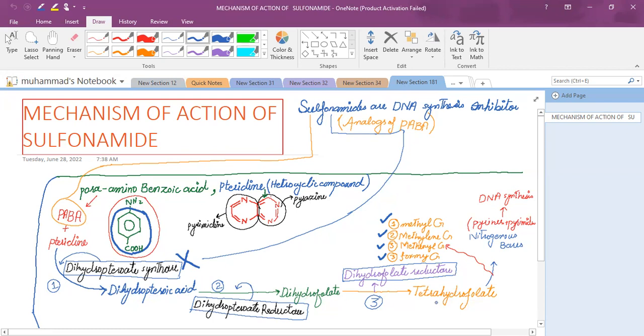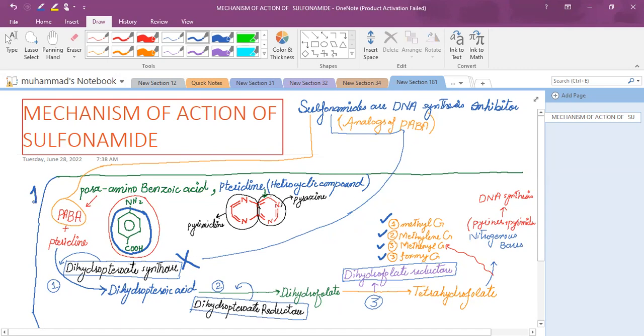Ultimately, pseudo or not true tetrahydrofolate will be formed, and it will not be able to provide all these four groups because it is not true in nature. And in this way, true purines and pyrimidines will not be formed, and a true DNA will not be formed. In this way, DNA synthesis of the bacteria will be fake in nature, and bacteria will not be able to survive because of fake DNA in its cell. This is the first mechanism.